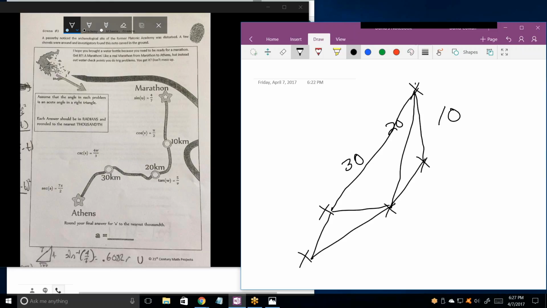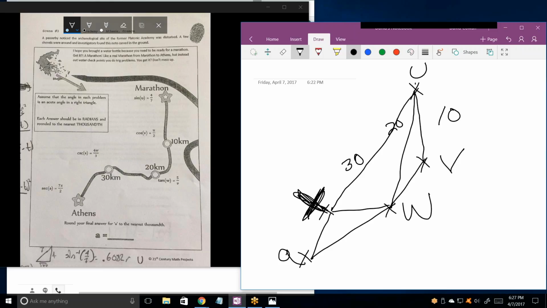And tangent, I'm going to call that W. I'm going to call that V. I'm going to call that U. And secant of A, that must be A right there. And that must be X. Does that make sense that I've labeled everything correctly?